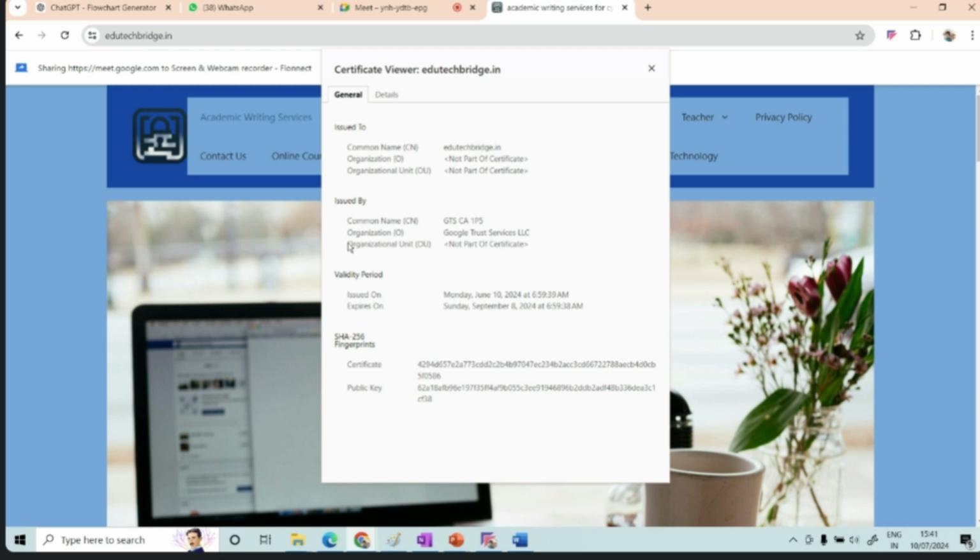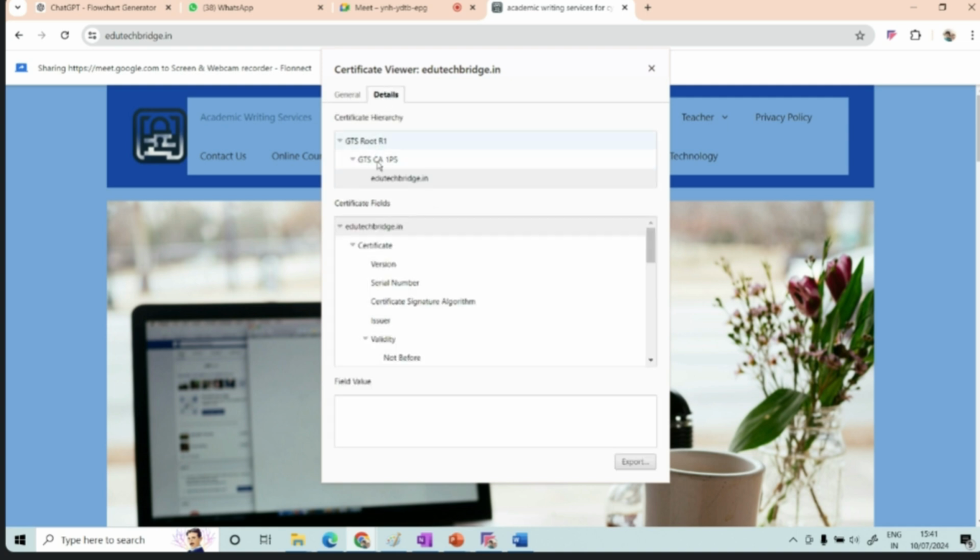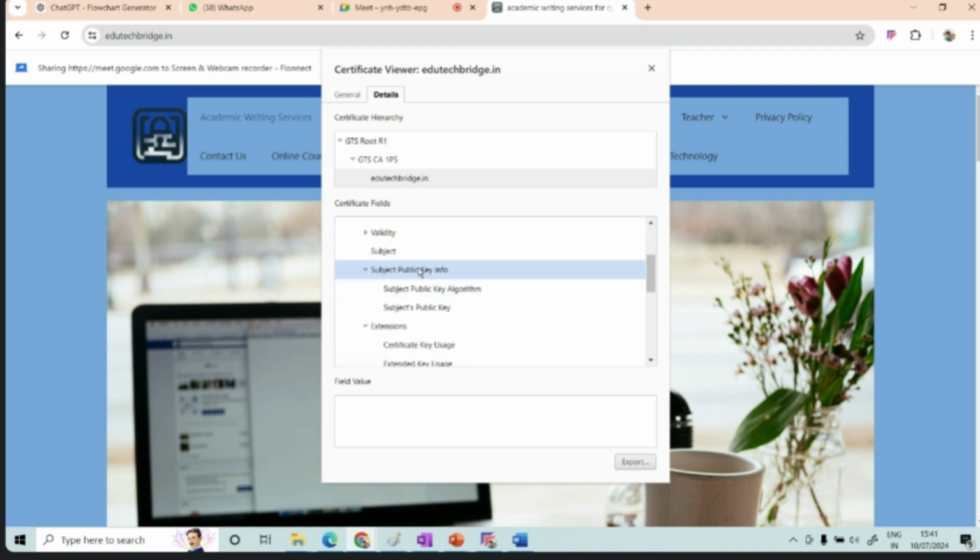The period of issuance is 10th June 2024 to September 2024. Then you can see the hash function, the fingerprint, and in the details the certification authority details and what information is included in the certificate: entity name, version, serial number, issuer details, validity, subject edutechbridge, then public key information, RSA encryption public key.